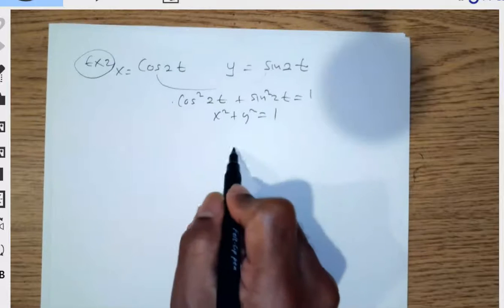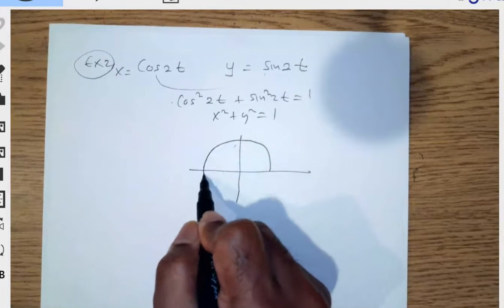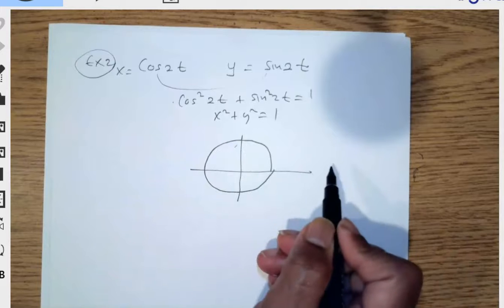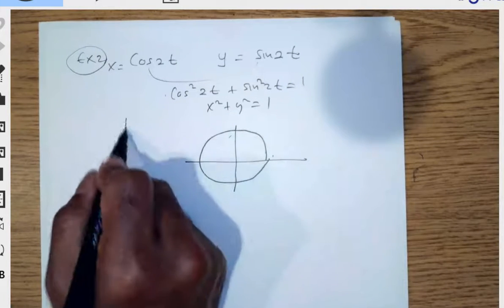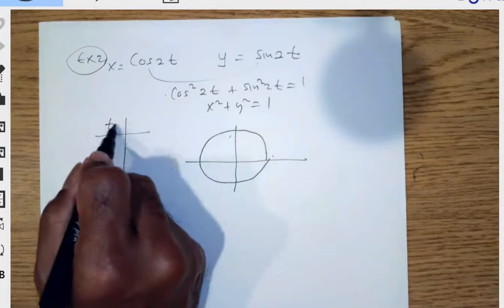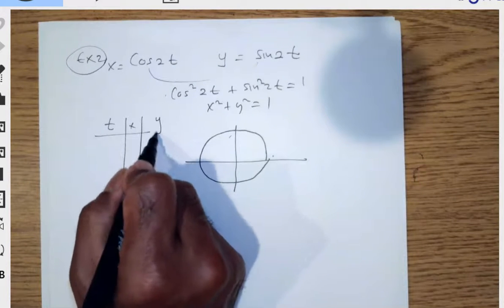And you say it's a circle. Yeah, it is a circle, but let's see really what happens, right? You might be able to put some points and see. So let's take t and x and y, and see what happens.